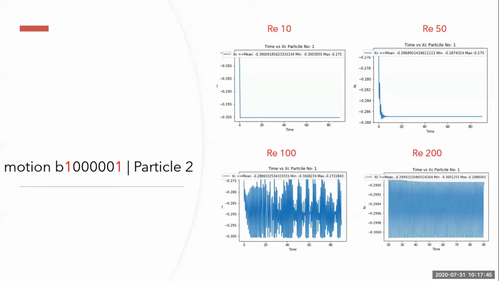Reynolds number 10 is basically the same as Reynolds number 10 in 1D motion: it moves to the left and is constant throughout. But at Reynolds number 50, there's already a little disturbance in the first 5 to 10 seconds, I believe, unlike Reynolds number 50 in 1D motion, where it was constant throughout the simulation.